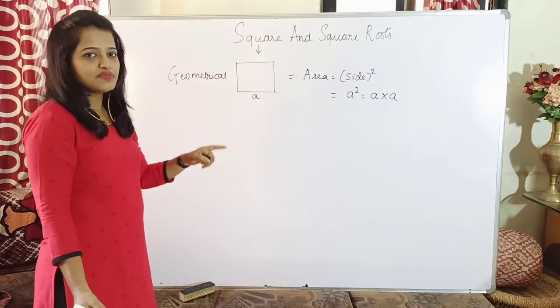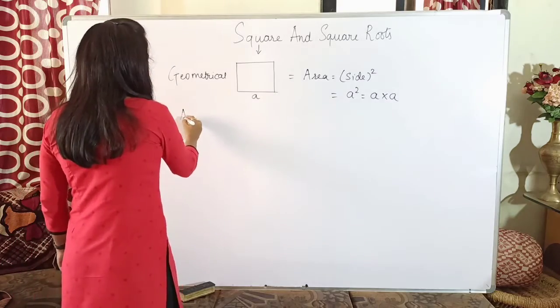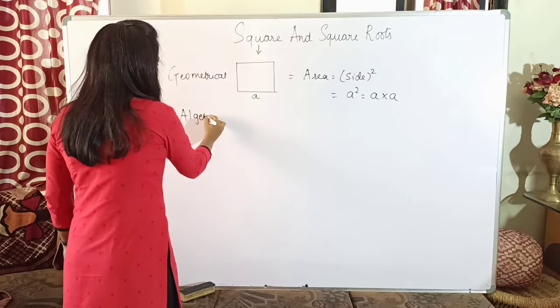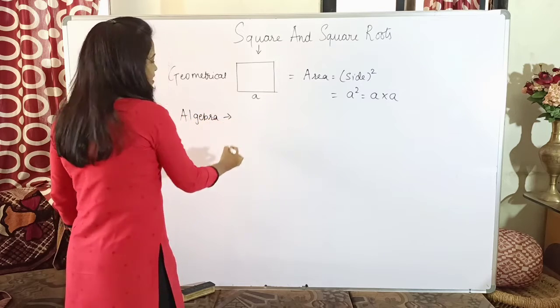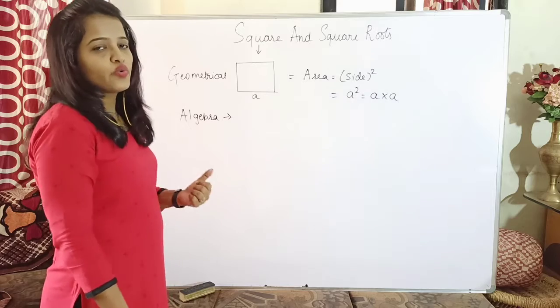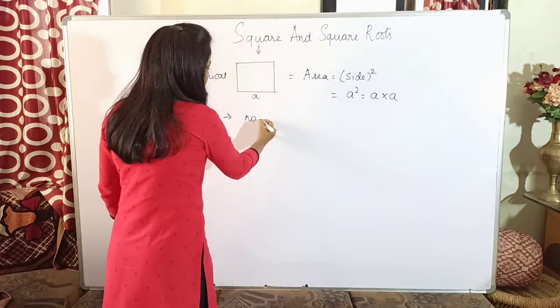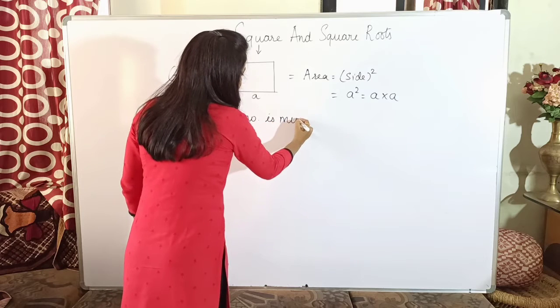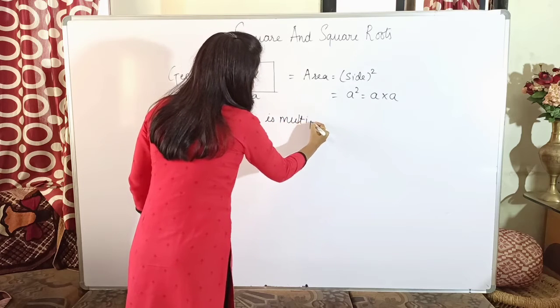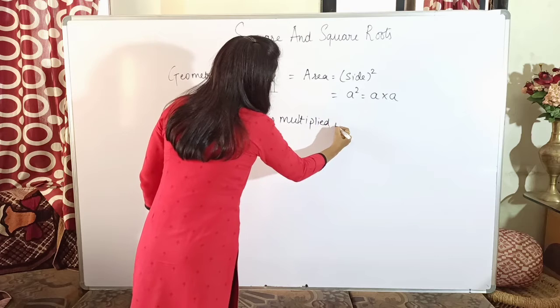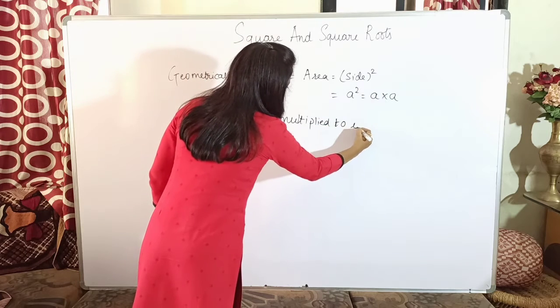From that similar concept, algebraically, the square of a number is obtained when the number is multiplied to itself.